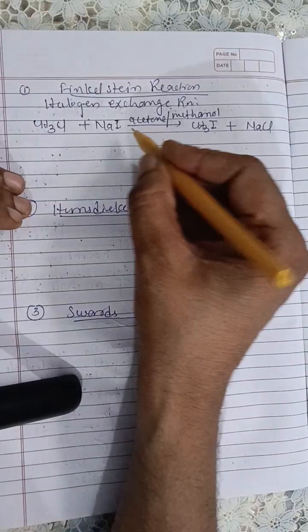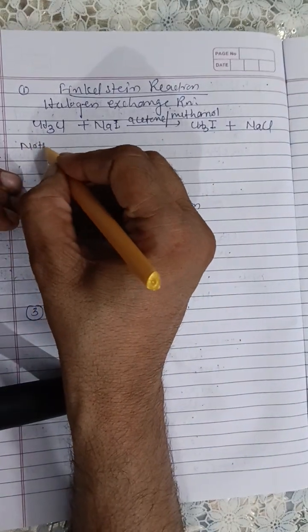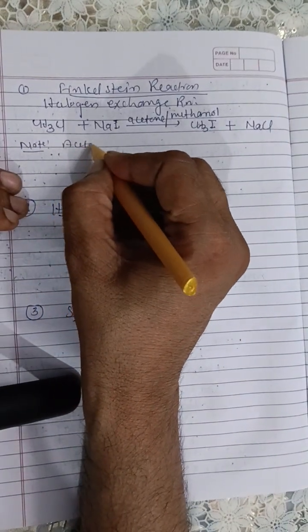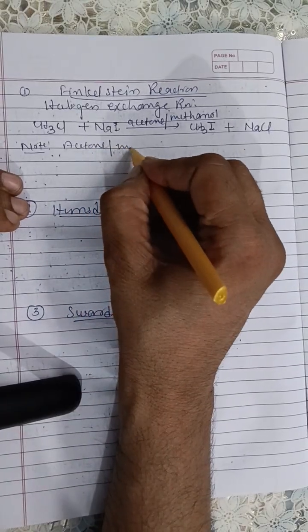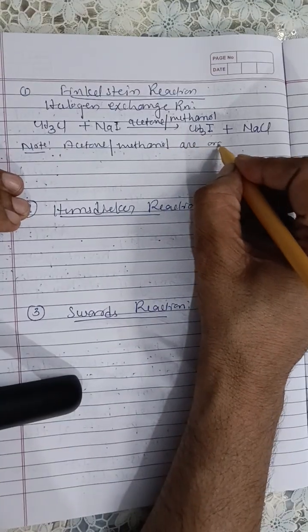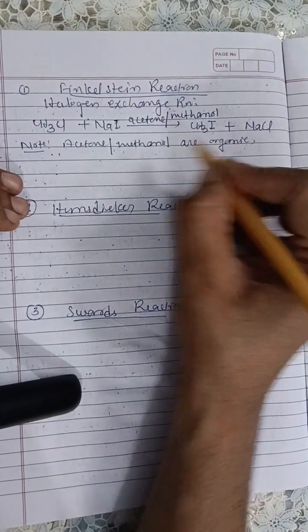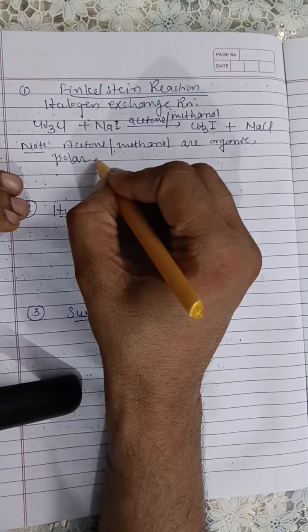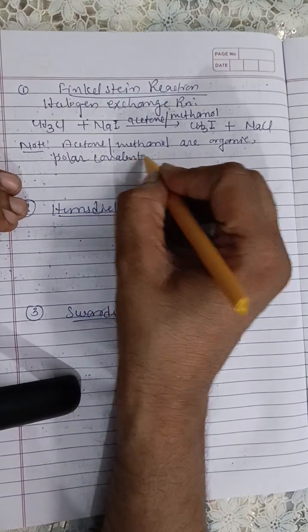See, here we have taken acetone or methanol, which are organic polar covalent compounds.